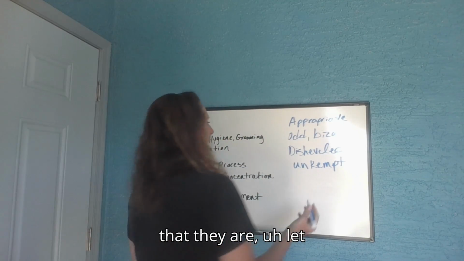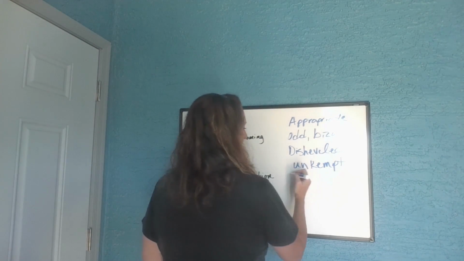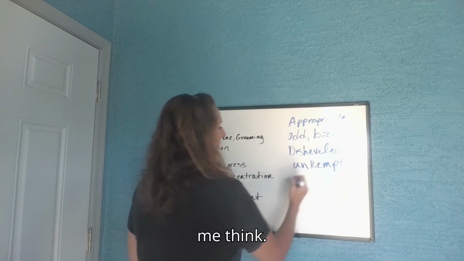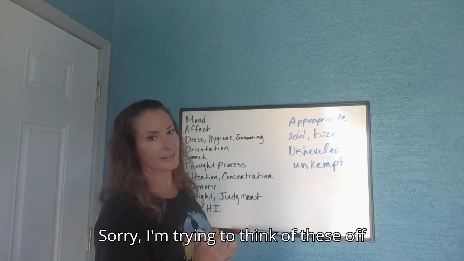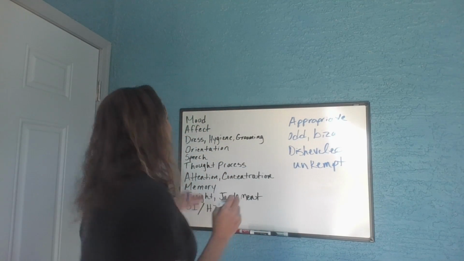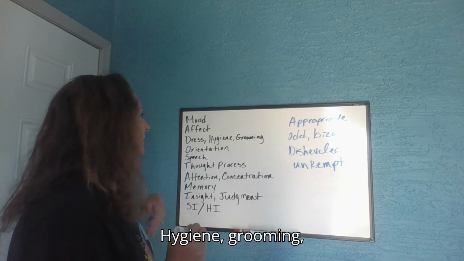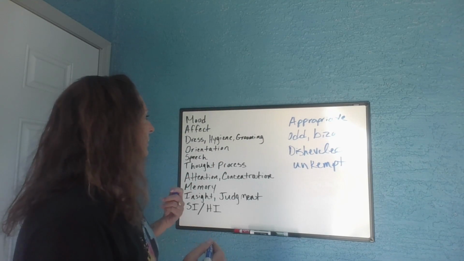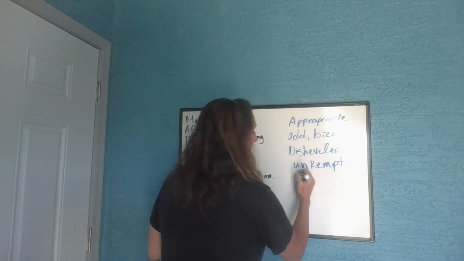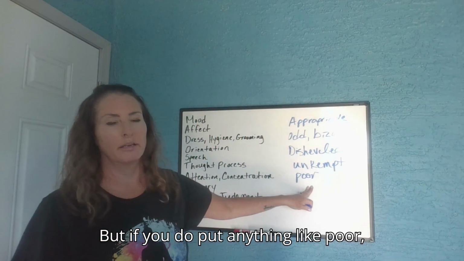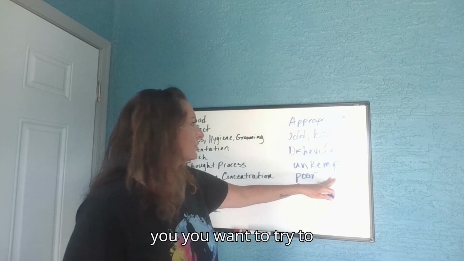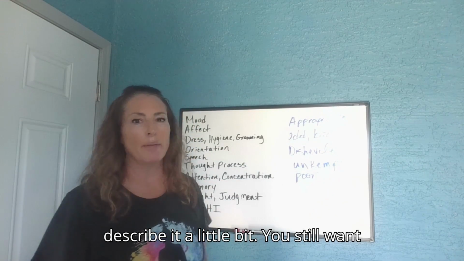Sorry, I'm trying to think of these off the top of my head. For hygiene and grooming, you could just put poor. But if you do put anything like poor, you want to try to describe it a little bit.